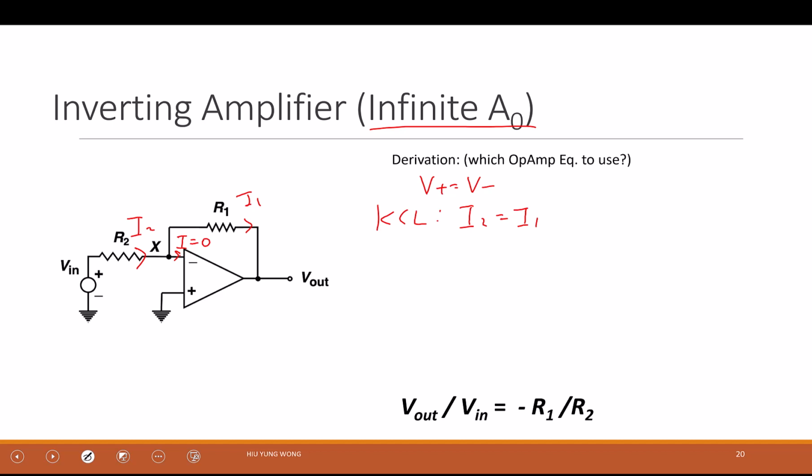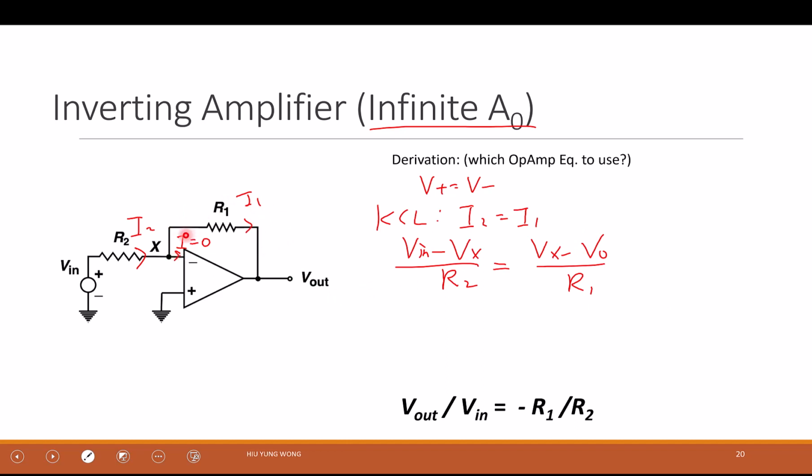So I2, just Ohm's law: V in minus Vx divided by R2 equals Vx minus V out divided by R1. You need to be very careful when you use Ohm's law. You must know where is the initial voltage, where is the terminal voltage, and then divided by the resistor is the current flow. Do not do V out divided by Vx.